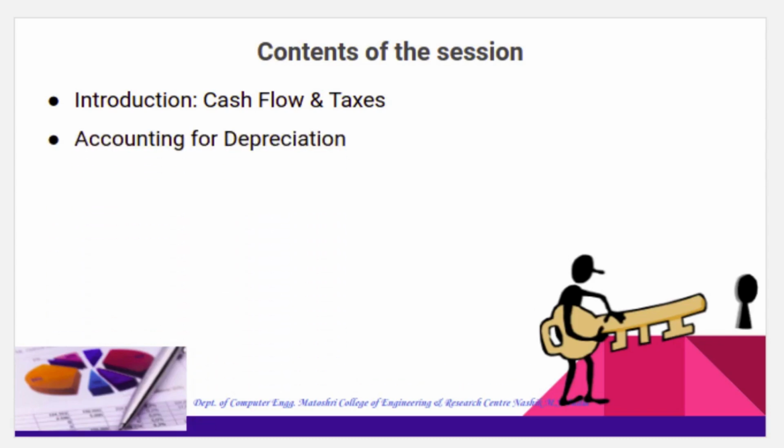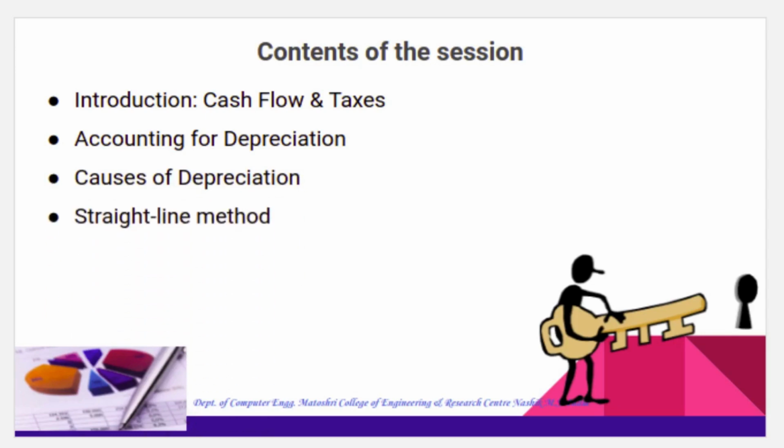Then we will proceed to learn about accounting for depreciation. The depreciation is necessary for measuring the company's net income in each accounting period. After that, we will address the major issue, that is causes of depreciation.